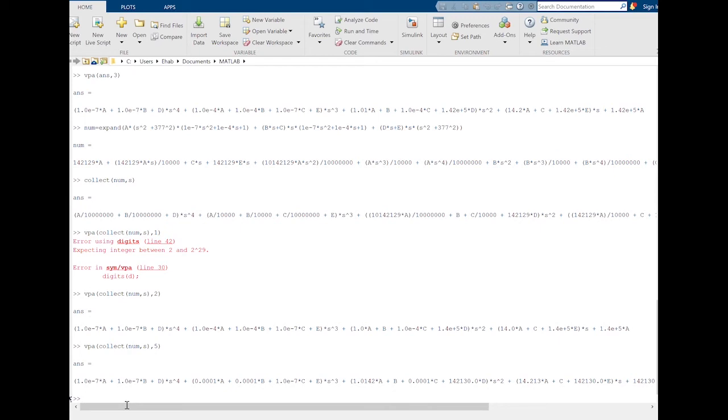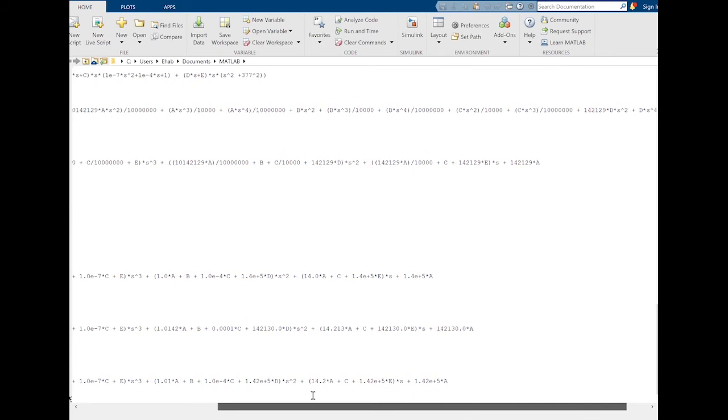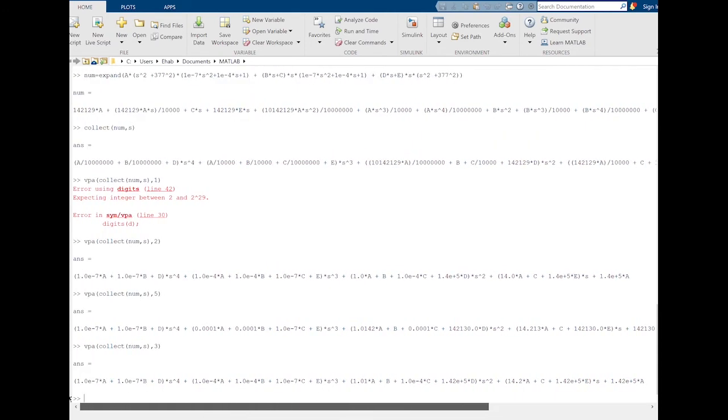Yeah, I think this is just a matter of the significant digits. So you have 5 significant digits. I think 3 is good. 3 significant digits is good. And this is the full numerator. And now we are ready to write a bunch of equations to solve for those constants.